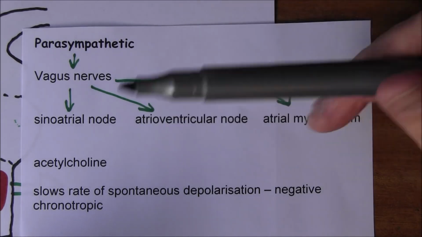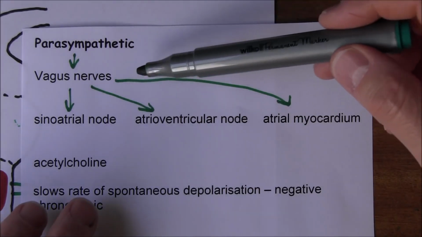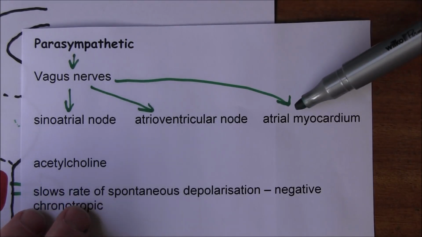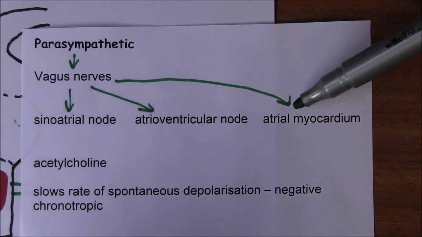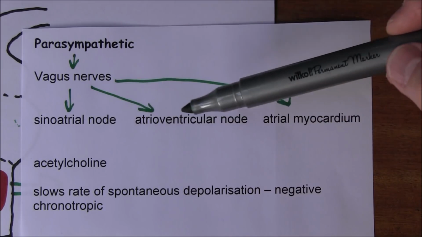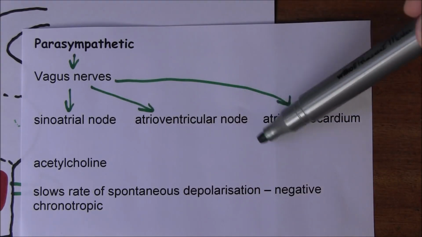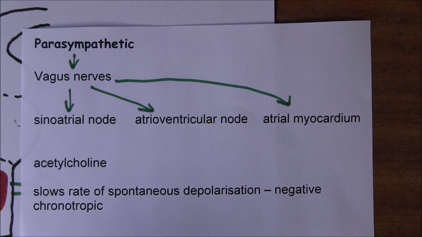And the vagus nerve doesn't really affect the ventricular myocardium very much, but it does have fibres that go into the atrial myocardium, and it's going to reduce the contractility of the atrial myocardium. So slowing down the rate of transmission, reducing the activity of the atrial myocardium. These are all effects of the vagus nerve as a branch of the parasympathetic nervous system.